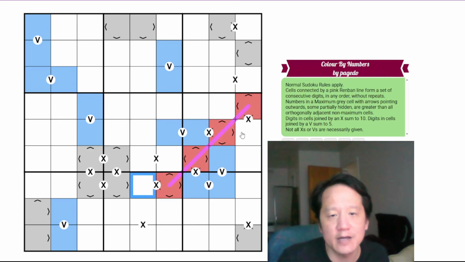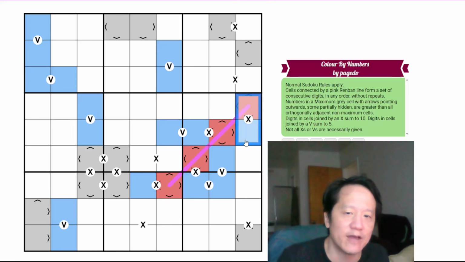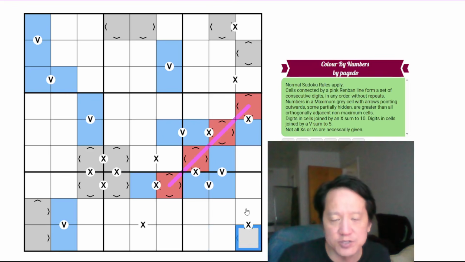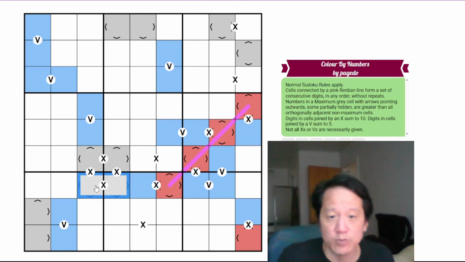That means the cells that are next to them with an x must be all low digits. So these are low, so these are 1 through 4 essentially. This digit is greater than that digit, and they add up to 10, so this must be the high, and this must be the low. These add up to 10, so we have one high and one low digit in this pair here.